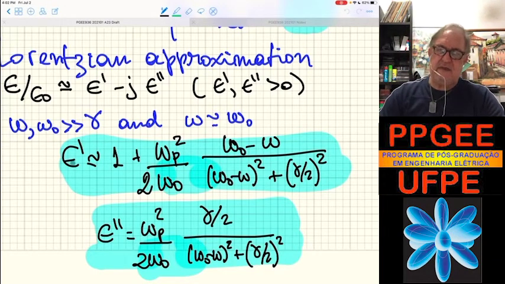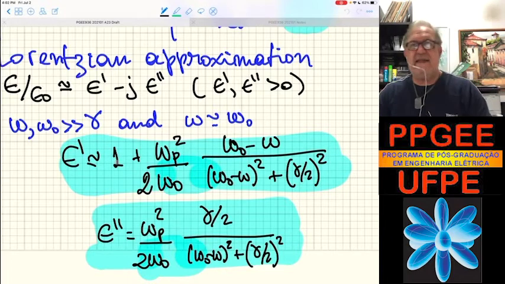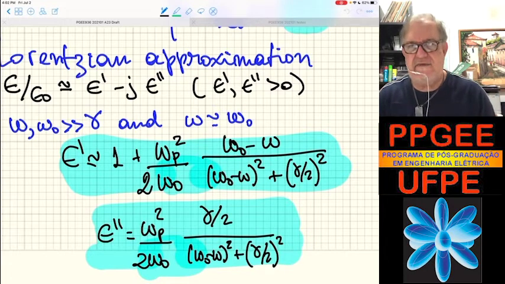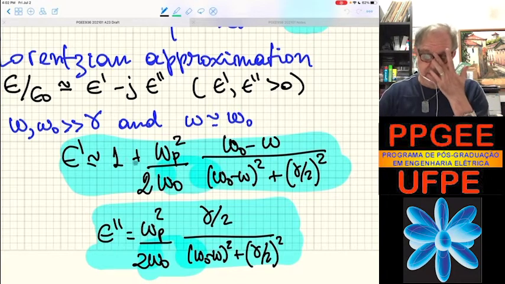And it's important to determine how this varies with frequency, right? So on resonance, this is 0, no contribution. On resonance, the relative permittivity is equal to 1. So it's like there's no material, right? A single frequency is going to propagate as if the medium was vacuum, right?